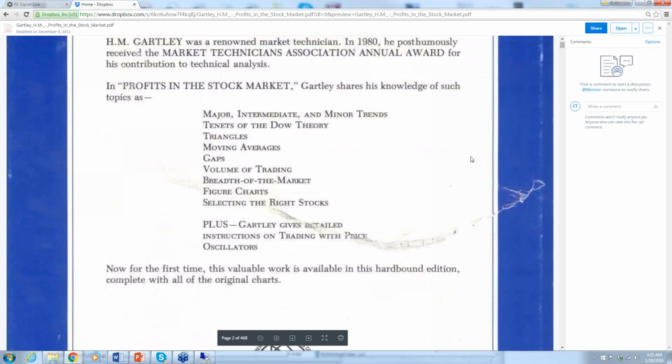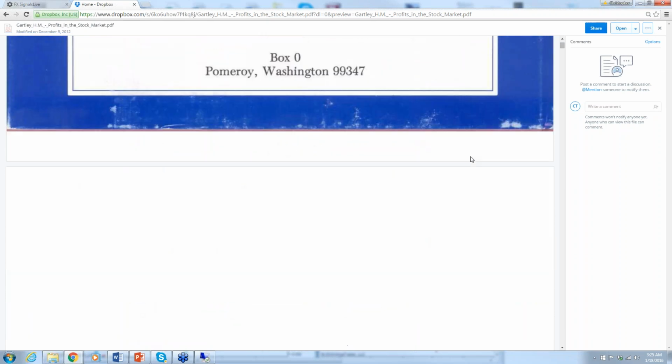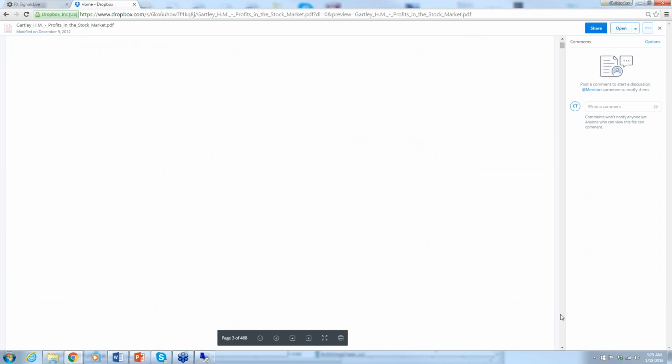Okay, this book originally valued for $1,500 back many moons ago. It's just taking time to load all the pages.